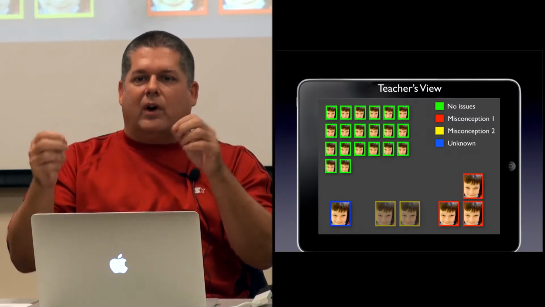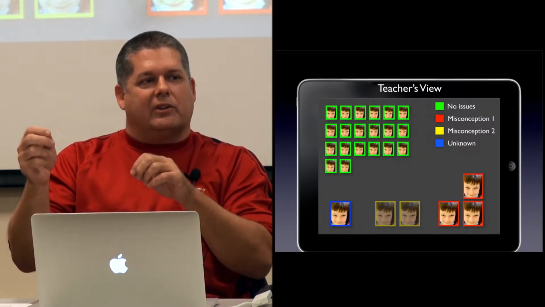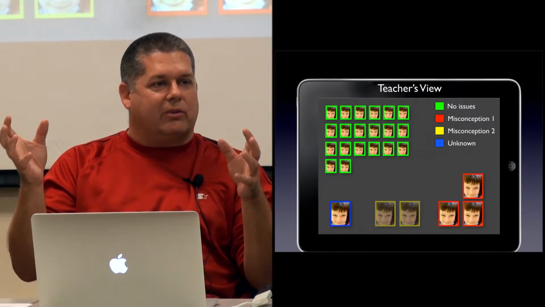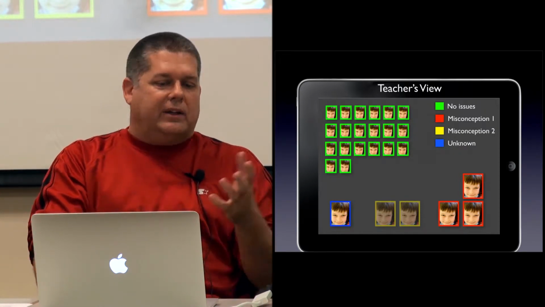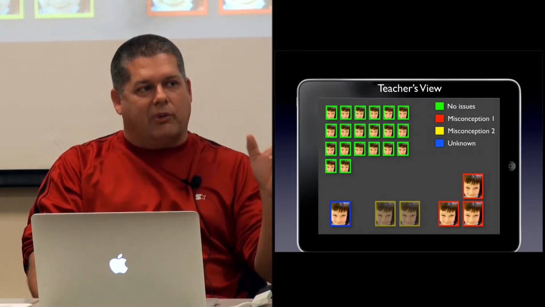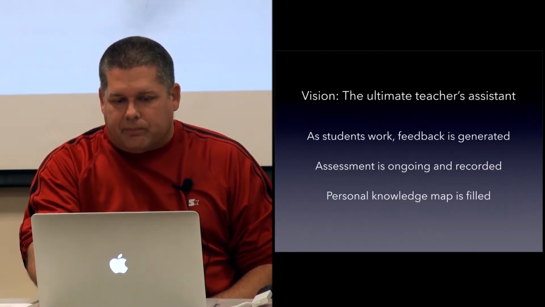So you can watch this person manipulate objects on the screen, and the teacher says, okay, I see what they're doing, and recognizes right away and is able to go over and address that. But the bottom line is, you don't have to be helping everybody at one time, and this would just help focus your attention where it really needs to be.